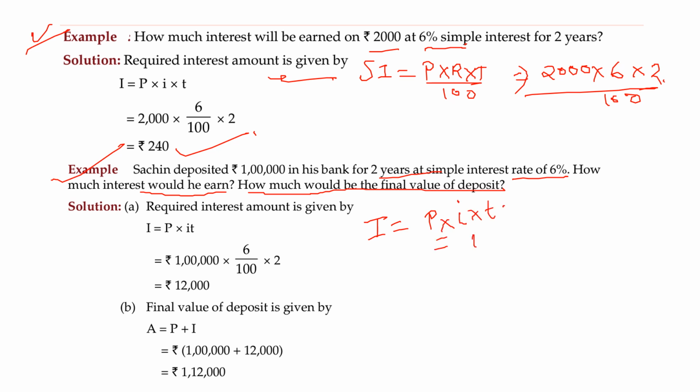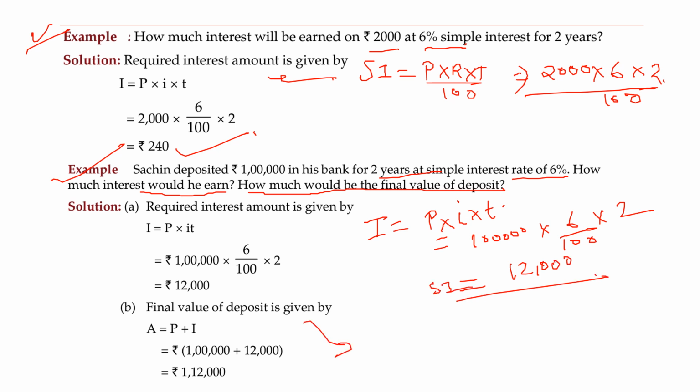Principal 1 lakh, rate of interest 6%, and time 2 years. So you'll get 12,000 as simple interest.